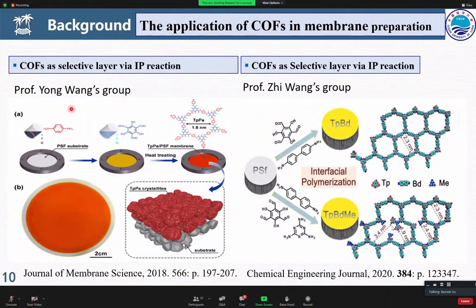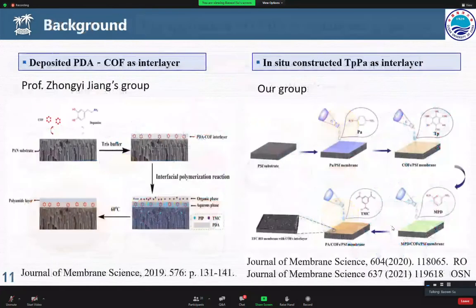The first one to use COFs as a selective layer in interfacial polymerization is Professor Yong Wang. He has prepared nanofiltration membrane which showed excellent dye rejections. Professor Zhi Wang's group has also done similar research work.